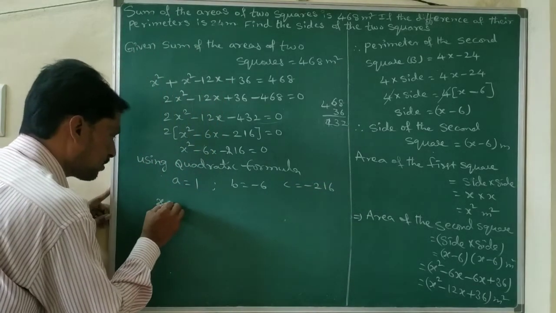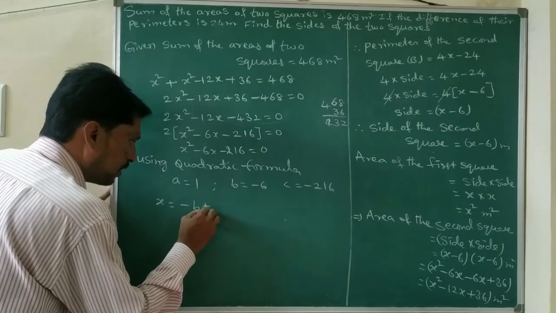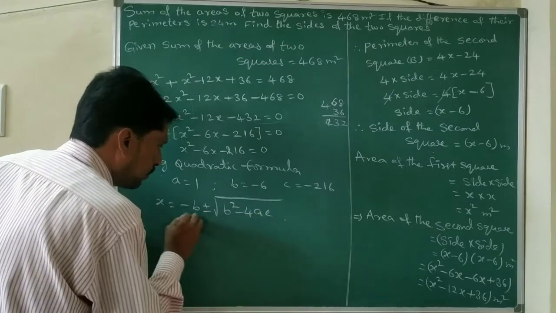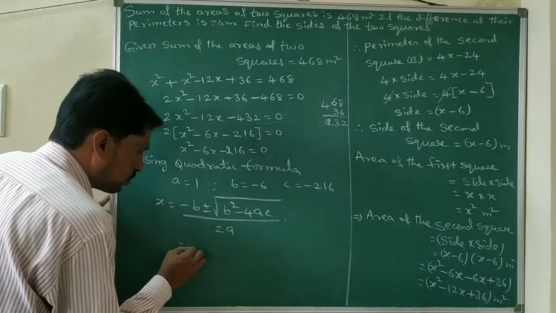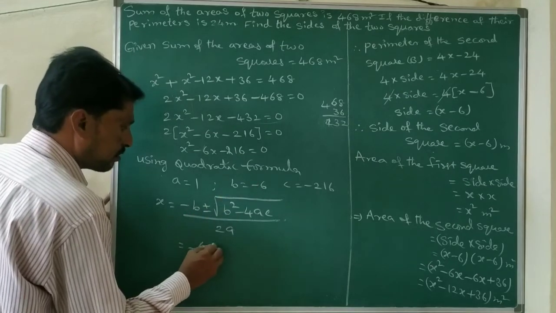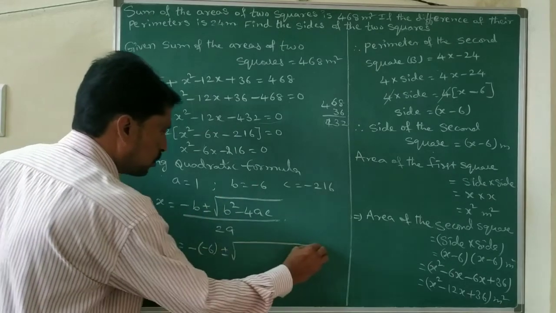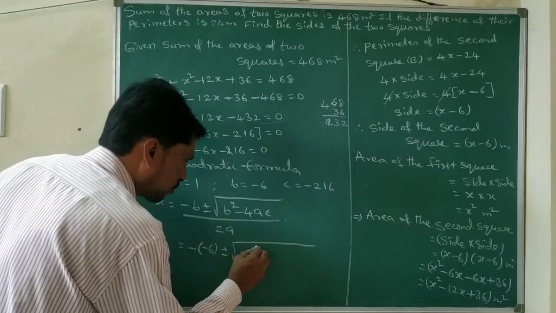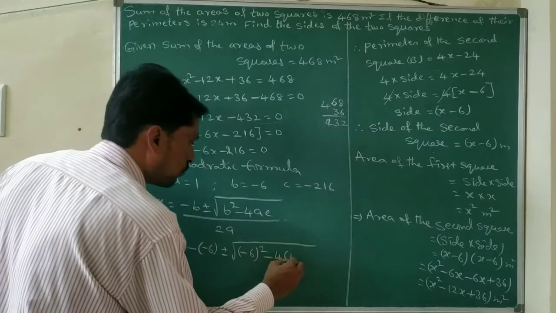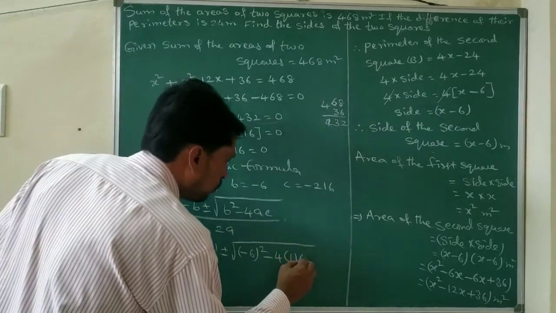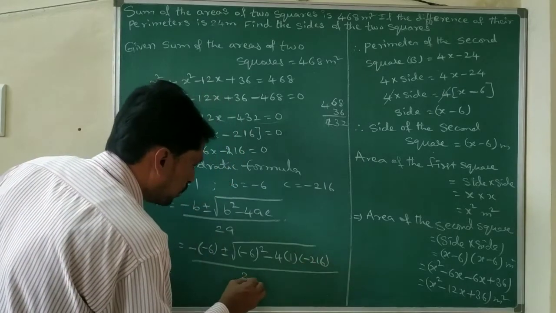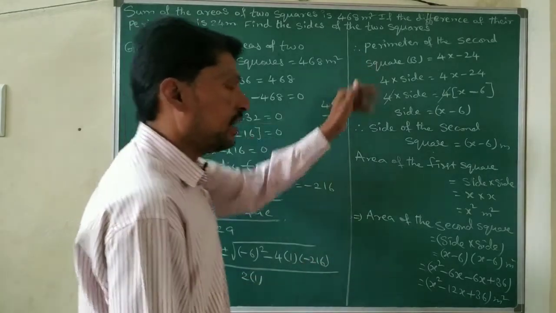Now x equals minus b plus or minus under root b square minus 4ac by 2a. Minus b means minus of minus 6, that becomes plus 6, plus or minus under root minus 6 whole square, minus 4 into 1 into minus 216, by 2 into 1.